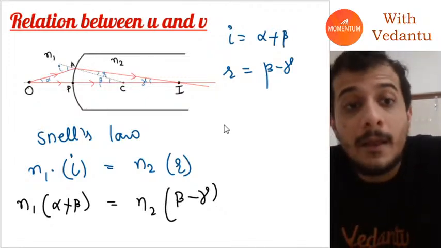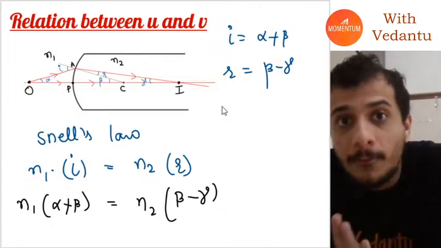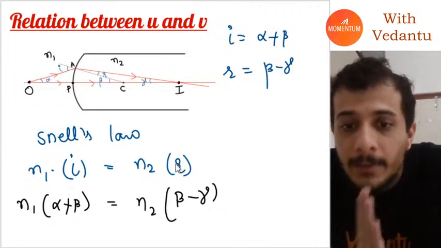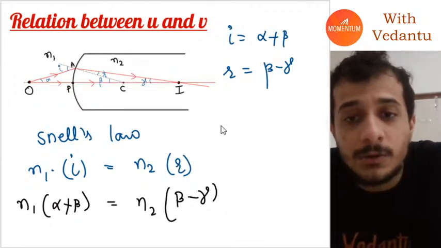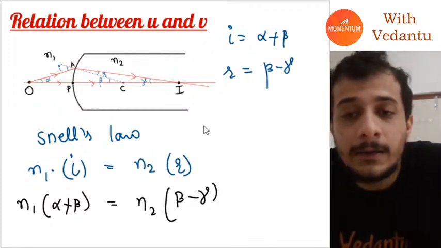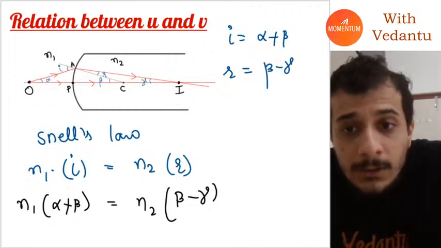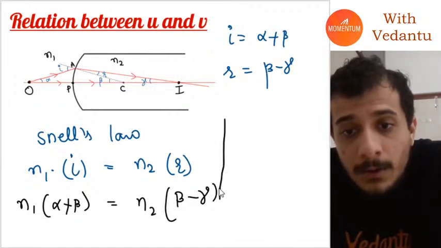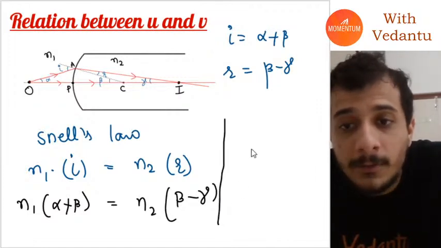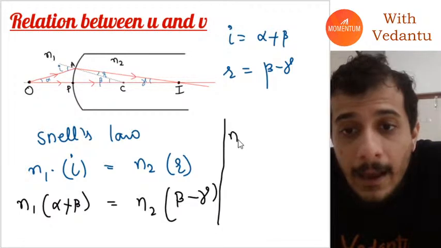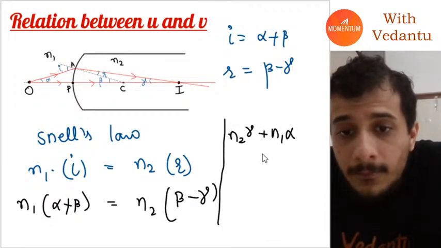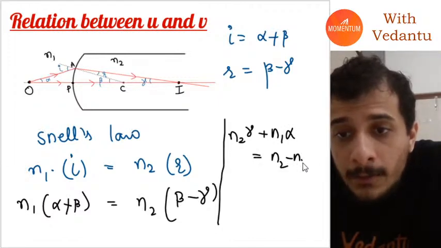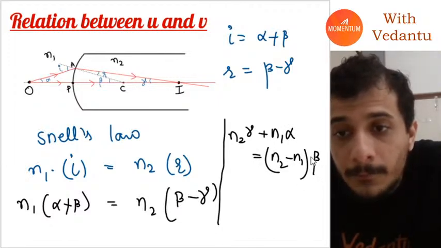Now from this, you can do a little bit of rearrangement. If you do that, what you get is n2 gamma plus n1 alpha is equal to n2 minus n1 into beta.